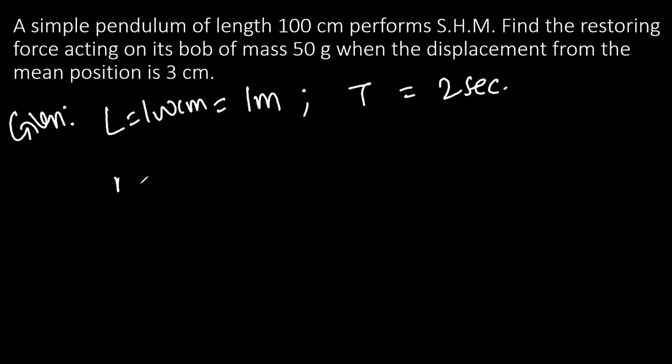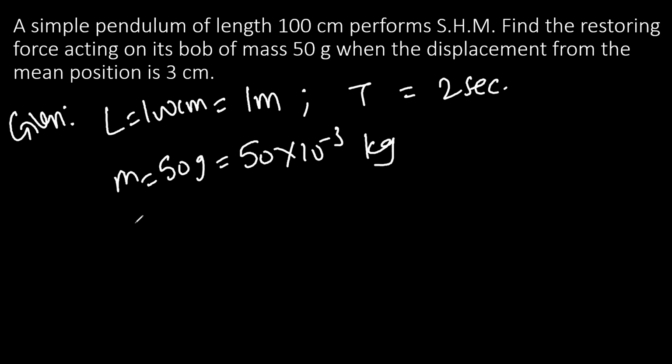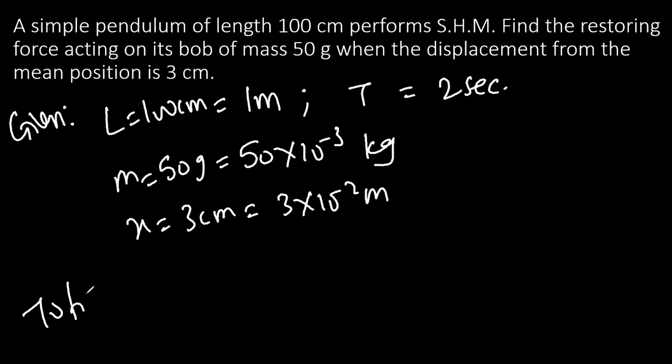Okay. The mass is how much? 50 gram. So 50 gram means 50 into 10 raised to minus 3 kilogram. And displacement is 3 centimeter, 3 into 10 raised to minus 2. And what we need to find? We need to find the restoring force, that is F. Okay, let's solve.